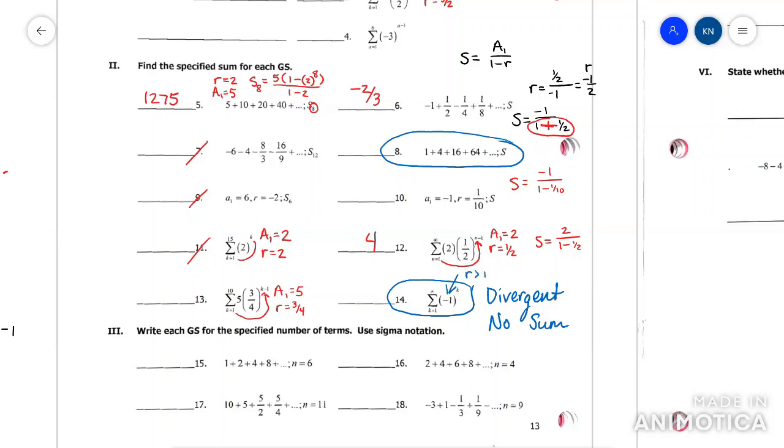Greater than, they really call it the absolute value of the rate is greater than 1. So like here, your rate was 4. You can't do an infinite series, because if you think about it, these numbers are just getting bigger and bigger and bigger and bigger. It's going to add up to infinity and more. Like it doesn't make any sense. So you have to have a rate that's less than 1 in order to do the infinite series equation. I hope that made sense. So you would just write no sum.